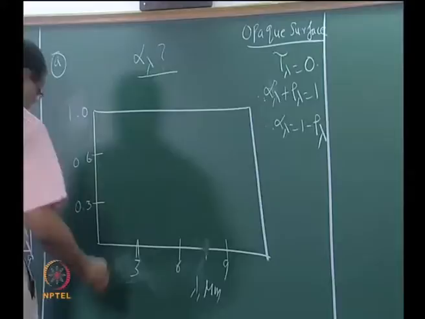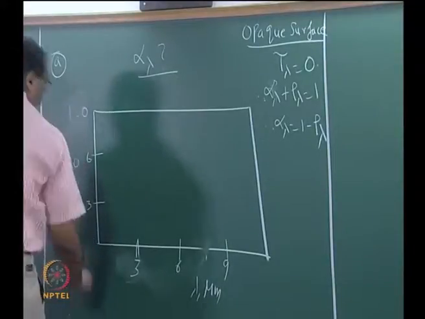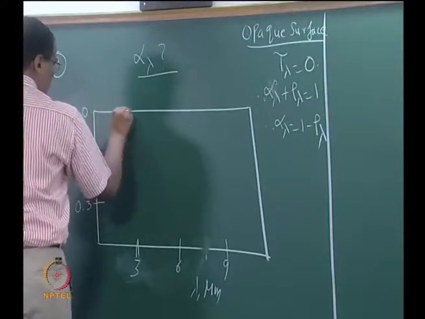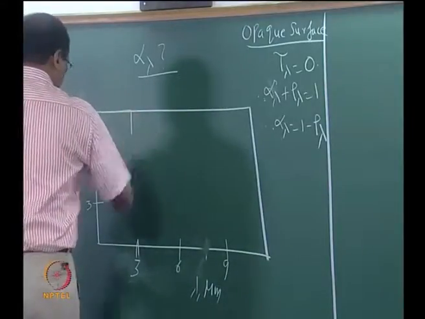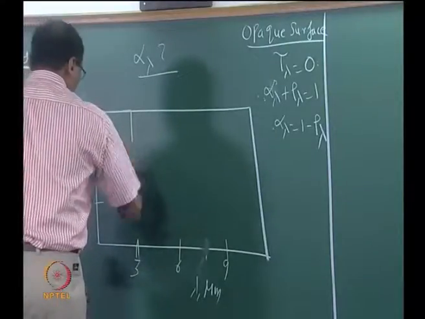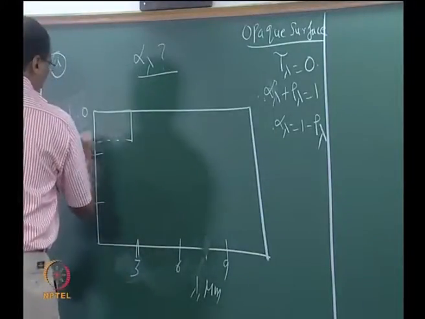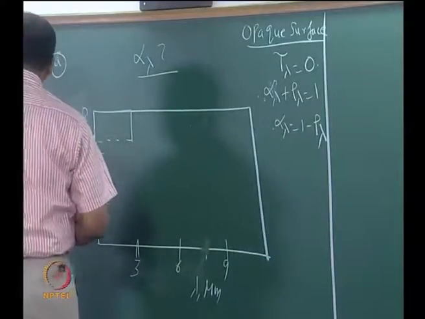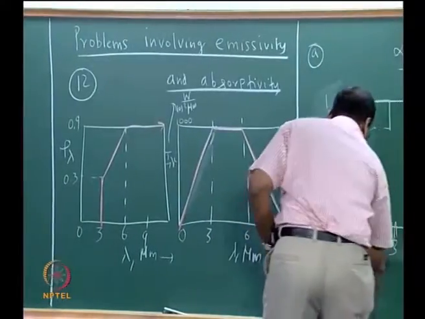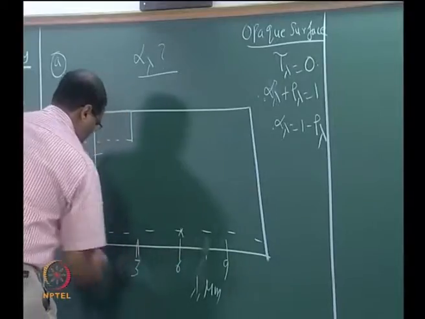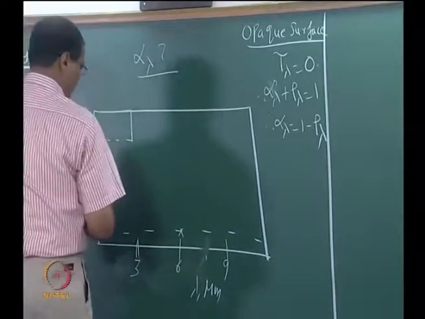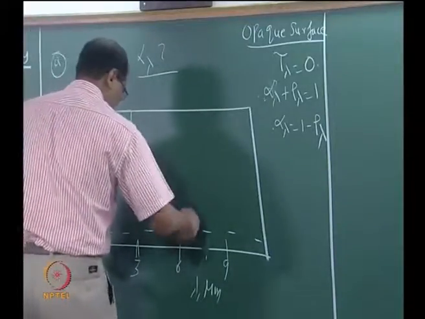We will use yellow chalk or green. Then it drops to 0.7, then at 6 it becomes, then straight.